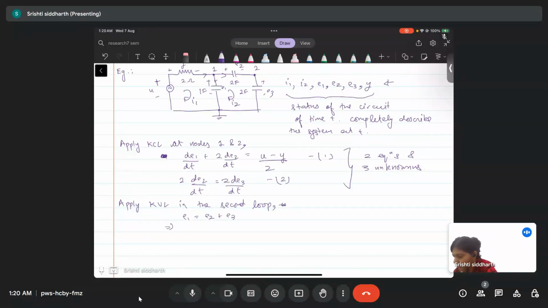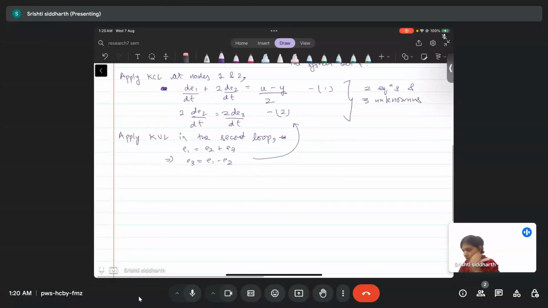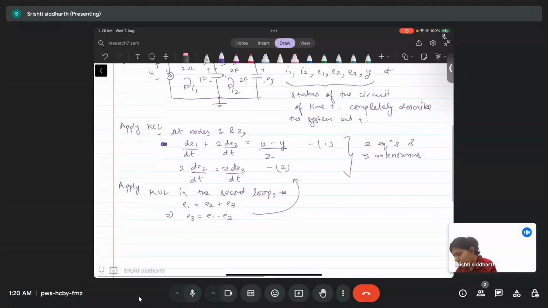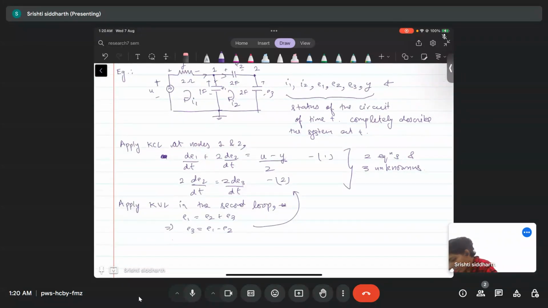So we can substitute E3 as E1 minus E2 here, and then we'll get a system of two equations and two unknowns.